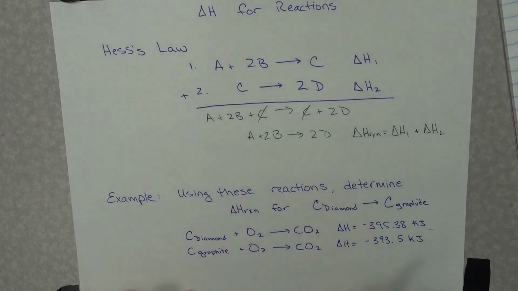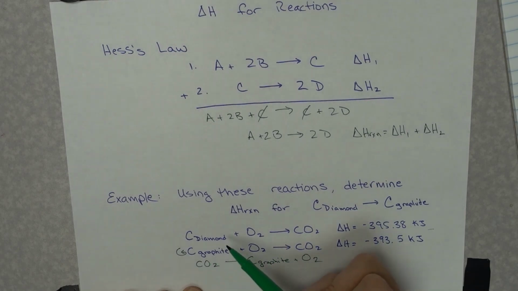Well, if I want to figure that out, I'm going to need to reverse one of these 2 reactions. So I'm going to end up reversing this one. I'm going to turn this one around, make it CO2, and that becomes C graphite plus oxygen. Okay? So that when I add this first reaction to this one, certain things are going to cancel out.